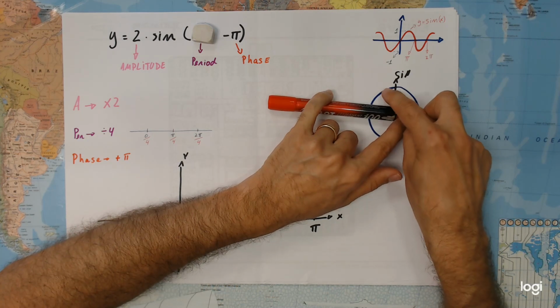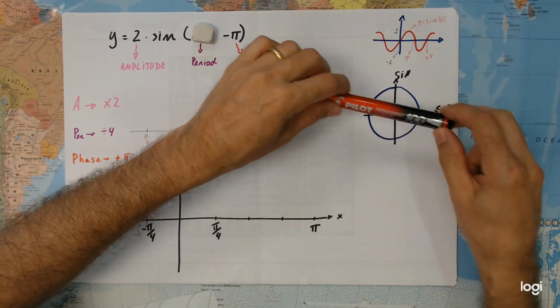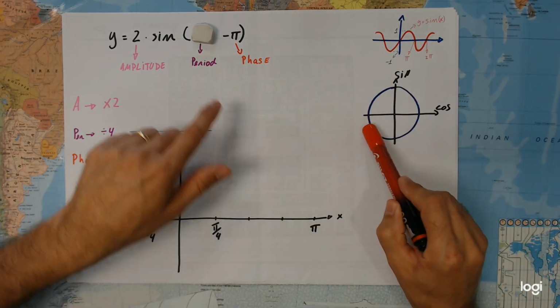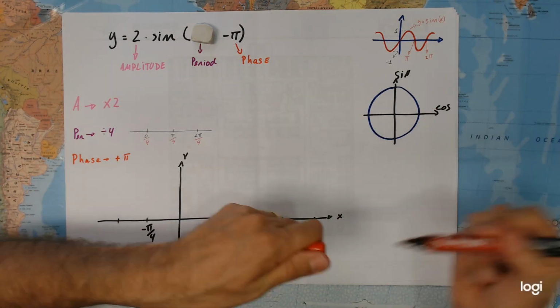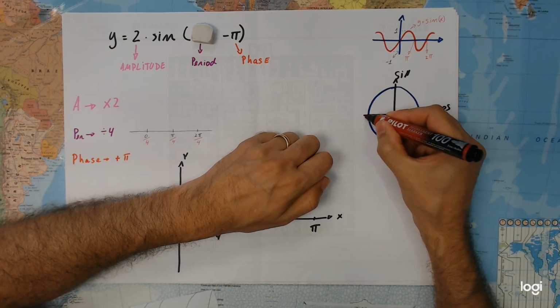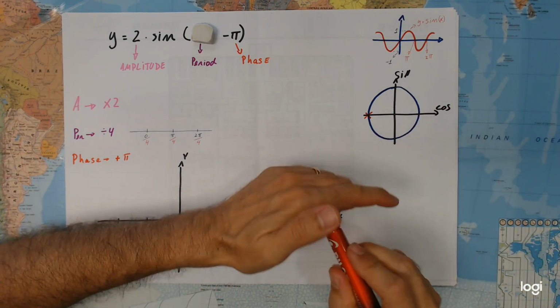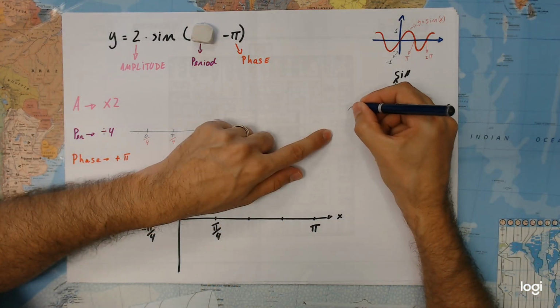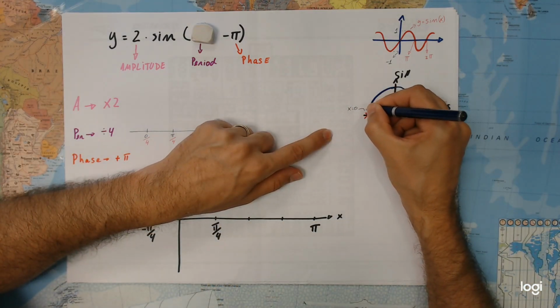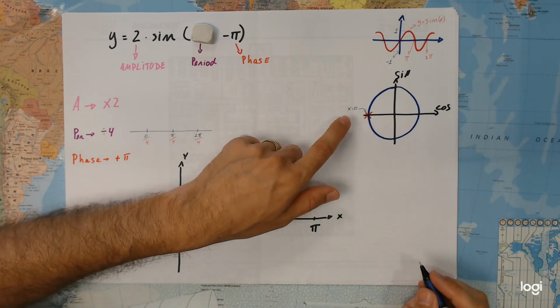And this would be the angle. So this is the positive direction. What is minus pi? Well, we just start at 0, and this is where x equals 0 for our function here.